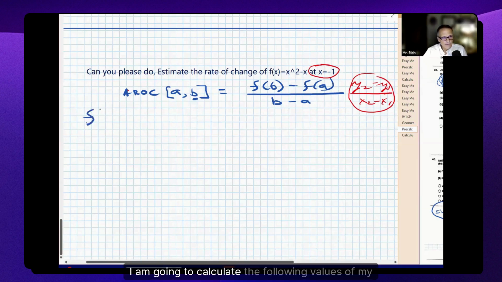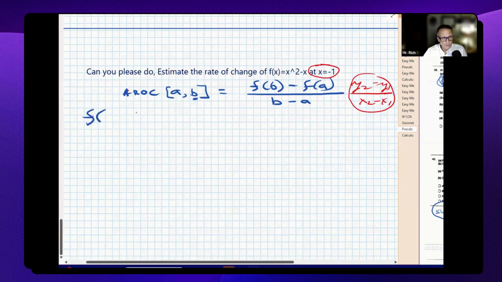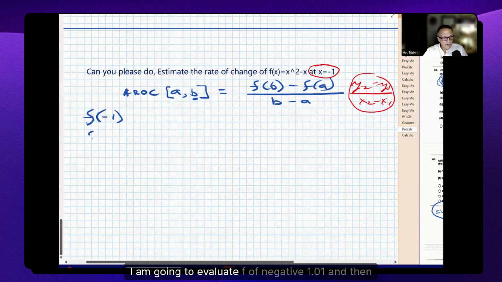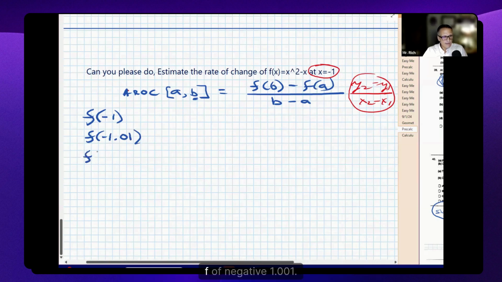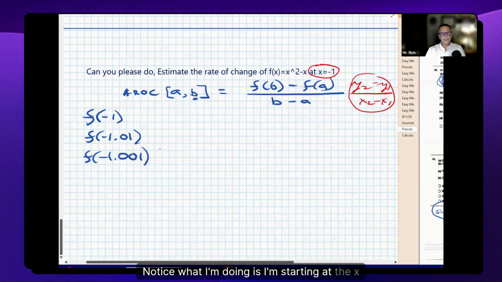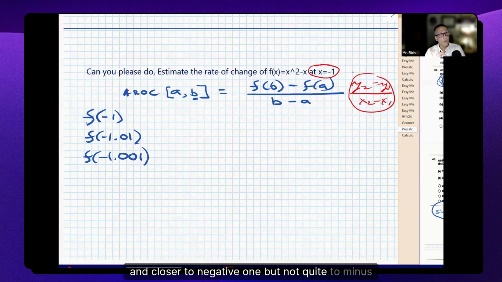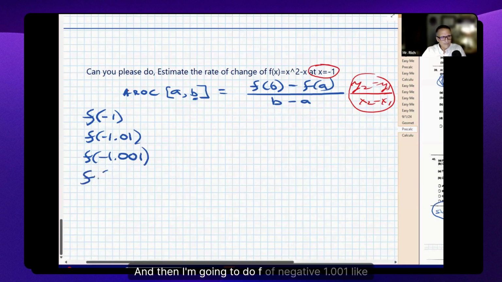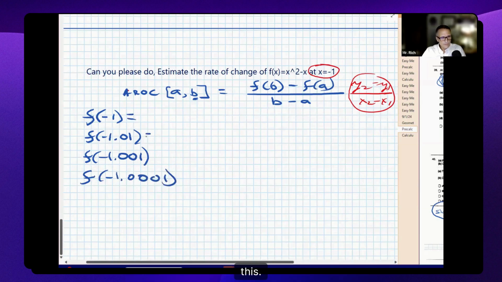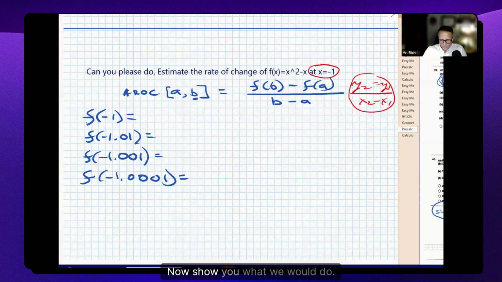I am going to evaluate f(-1), f(-1.01), f(-1.001), and f(-1.0001). Notice I'm starting at the x value of interest, and picking a second point that gets closer and closer to -1, but not quite -1. I'm going to pull up the TI-84 now and show you what we would do.